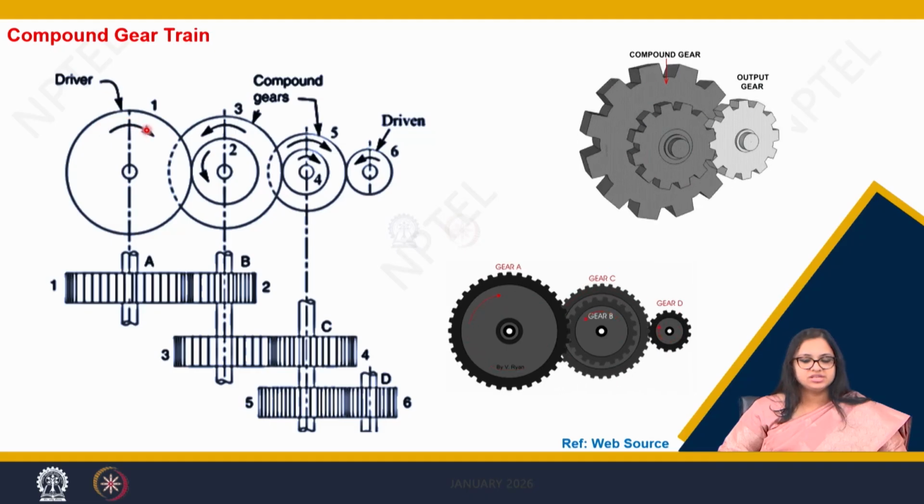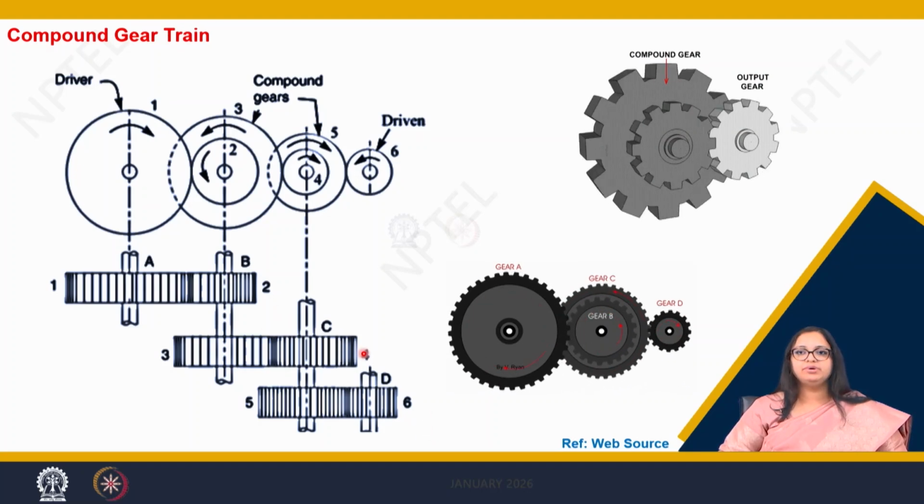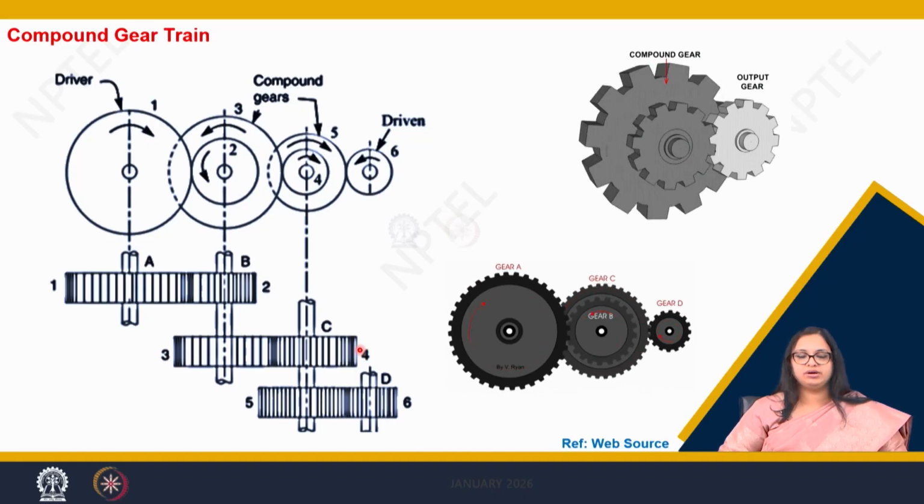You can see here there is a driver which is housed on this shaft A. Then there are gear 2 and gear 3 which are housed on the shaft B. Now gear 3 is meshed with gear 4 which is housed on shaft C, and on shaft C there is gear 5 which is now enmeshed with gear 6 which is housed on shaft D. So what we are seeing here is that from shaft A the power is getting transmitted to shaft D. However, there are multiple intermediate gears which help us in power transmission.